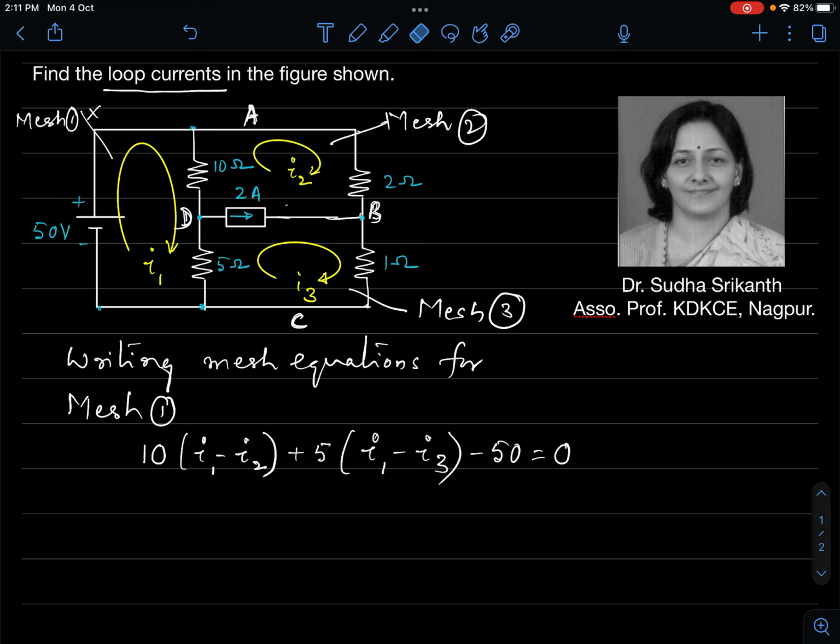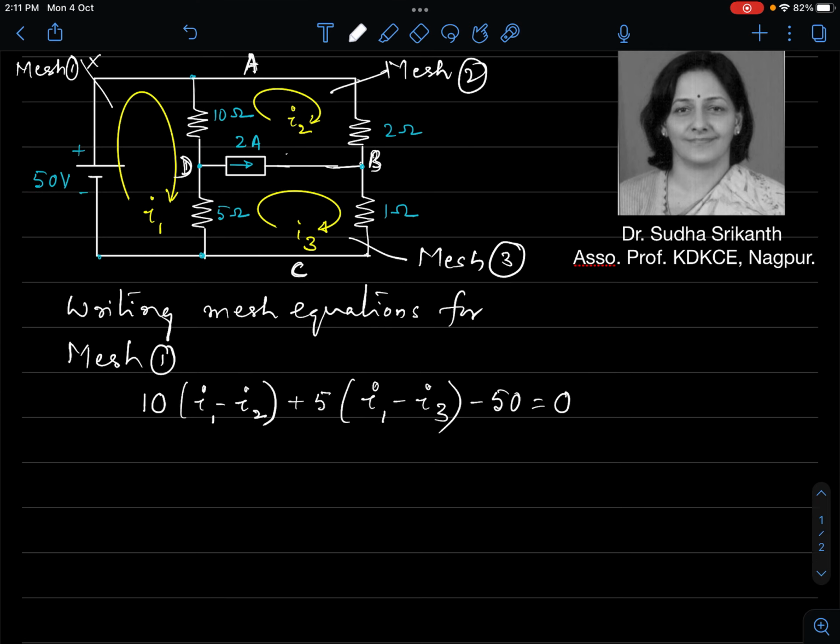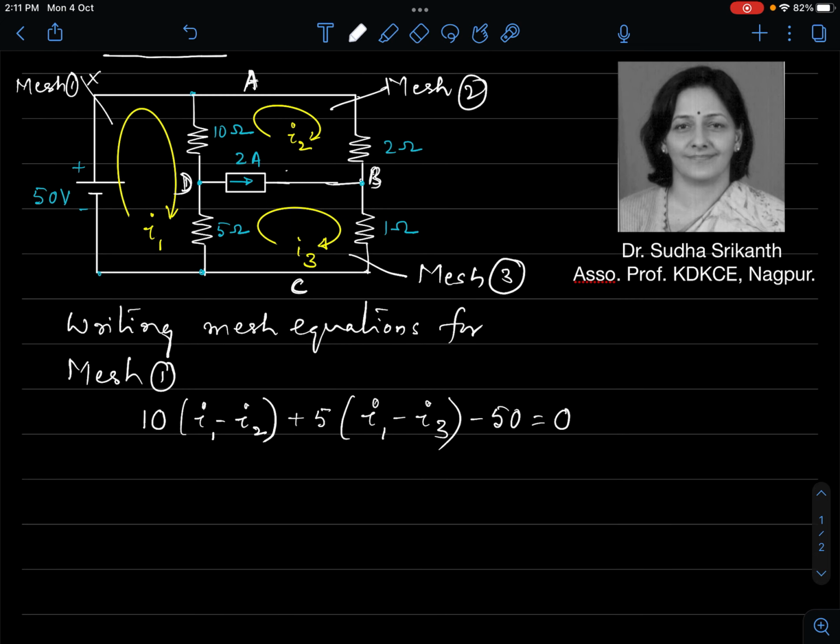Okay, so we are able to write one equation. We will try to now group the terms and see how things are going to be. If I expand this, this will be 10I1 minus 10I2 plus 5I1 minus 5I3 minus 50 equal to 0.